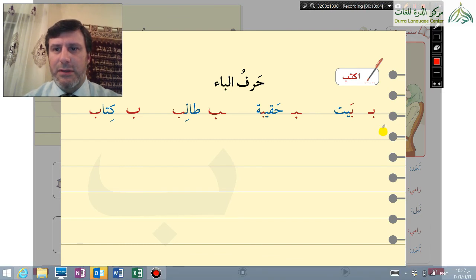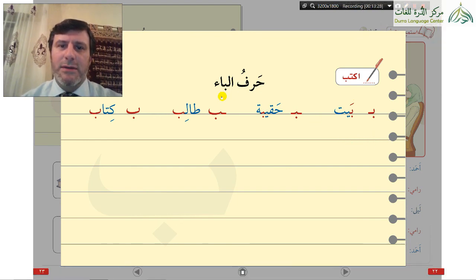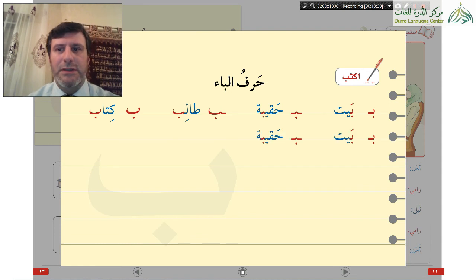For example, this is when it comes at the beginning of the word, ba. Bayt, and so on and so forth. Once finished, it will look like this.